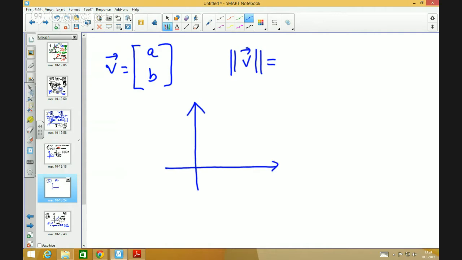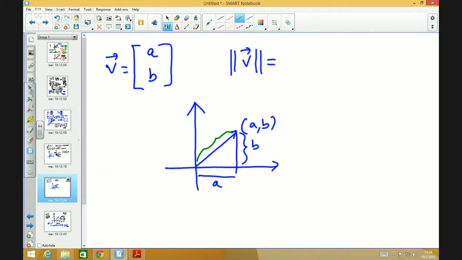So that's the vector AB. This means that this is A, and this thing here is B. So the length of the vector is the length of this side of a right triangle.